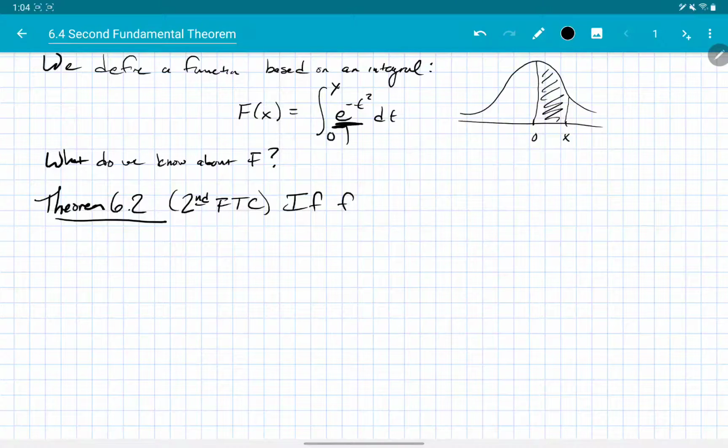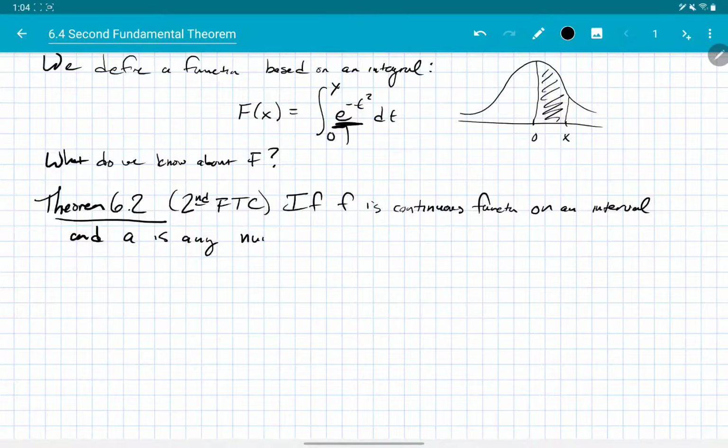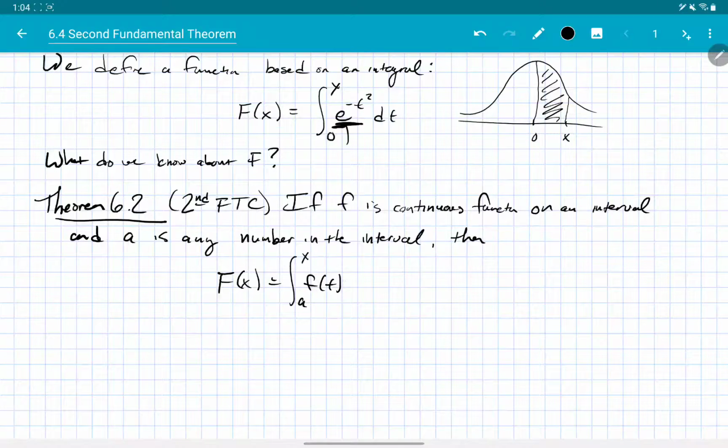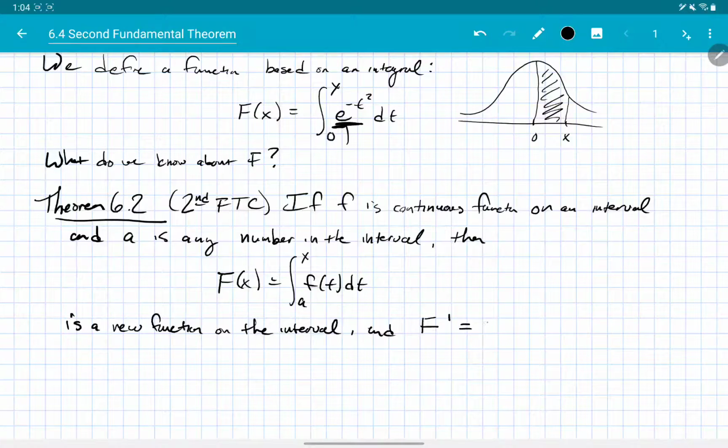If little f is a continuous function on an interval, and a is any number in the interval, then defining a new function capital F of x by the integral from a to x of little f is a new function on the interval, and capital F prime is equal to little f.